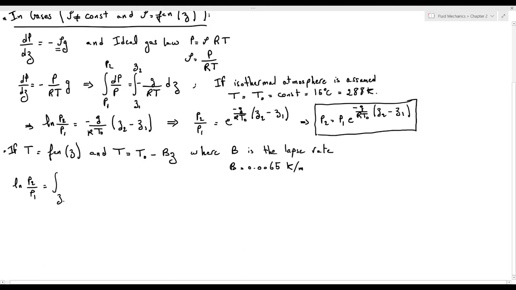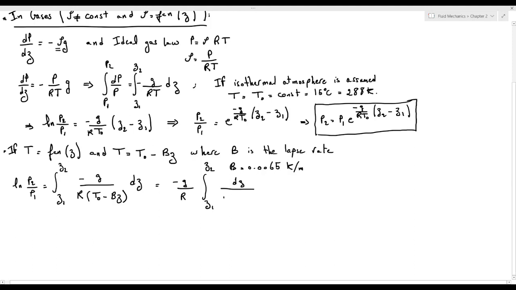So the integral from z1 to z2 of minus g over R into dz over T0 minus Bz. Here g over R is constant, so we can take it out of the integral.